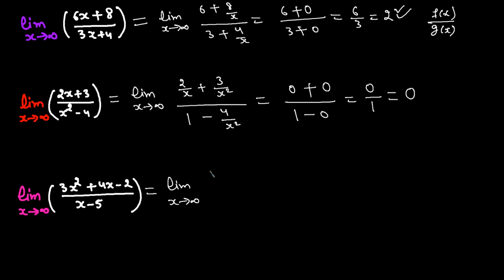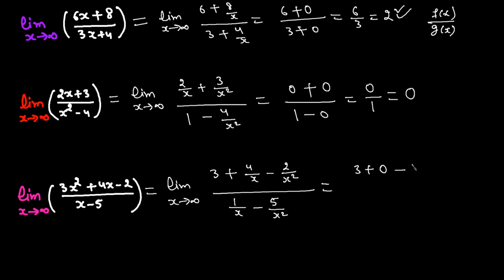In the numerator we get 3 plus 4 over x minus 2 over x squared, and in the denominator we get 1 over x minus 5 over x squared. So in the numerator we have 3, and the 4 over x gives me 0 as x approaches infinity, and negative 2 over x squared also gives me 0.